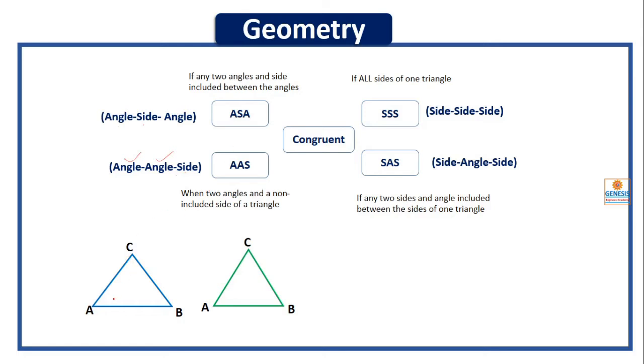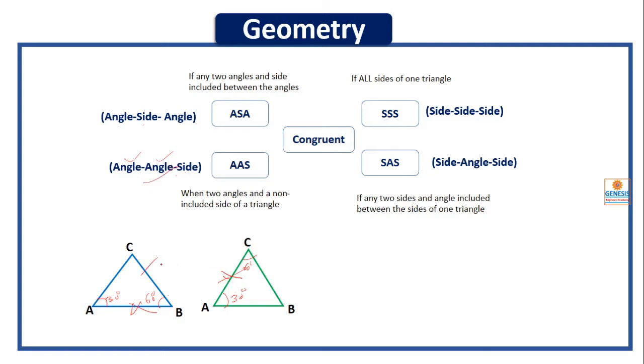Suppose I take this angle and this angle, and this angle and this angle. It is 30 degrees, it is 60 degrees, it is 60 degrees, it is 30 degrees. So two angles are equal. In this case, AB is the included side and AC is the included side, so the other side must be the same. You understand my point? The included sides should not be considered in this case.